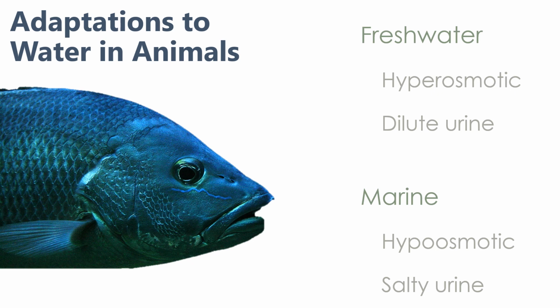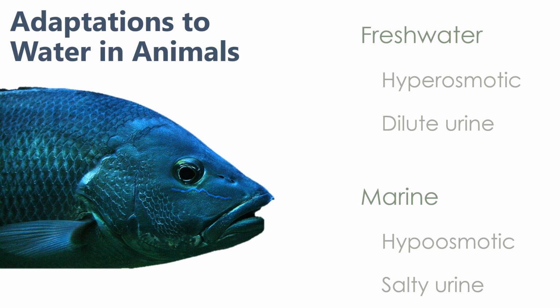This is what we call a hypoosmotic organism, because the solute concentration is lower internally inside the fish. So the fish are quite literally constantly at risk of drying up because they lose so much of their water to the environment. These organisms have morphological and physiological adaptations to retain water and release solutes.